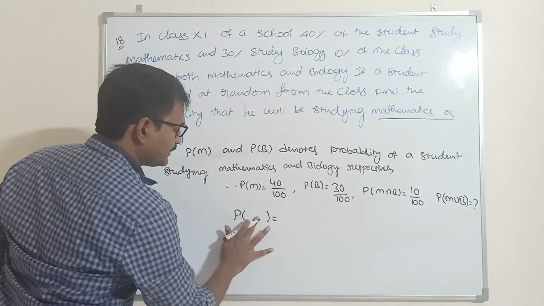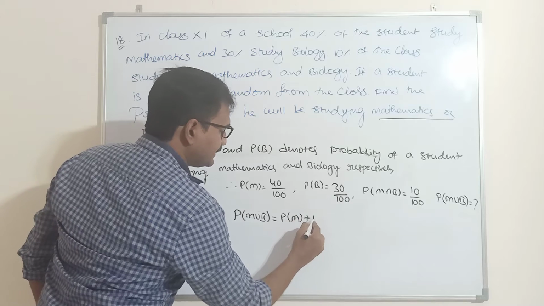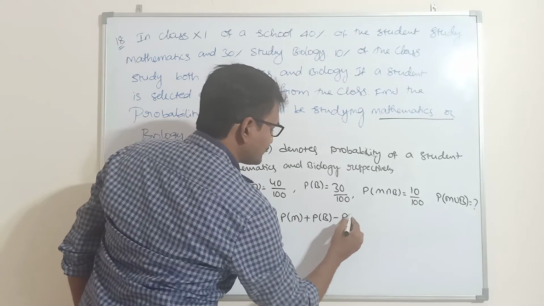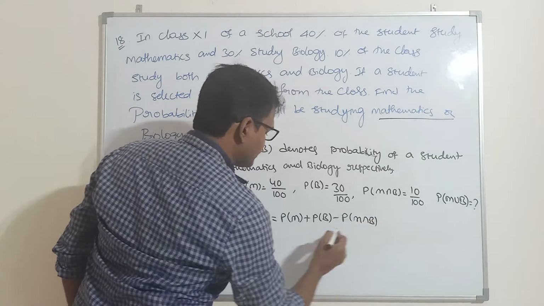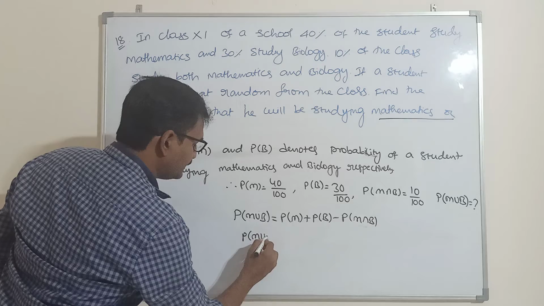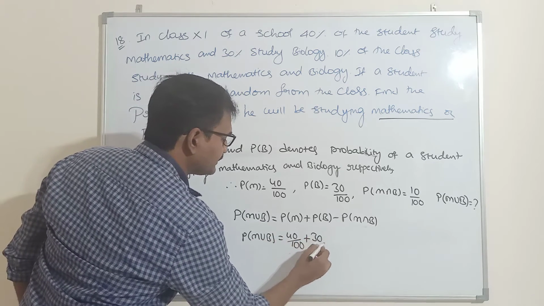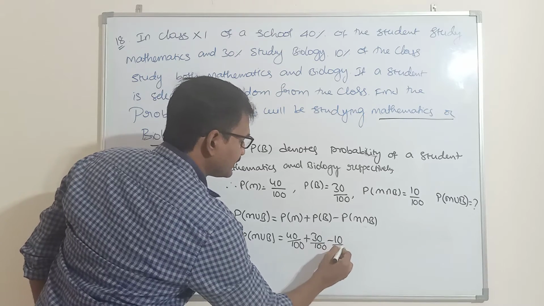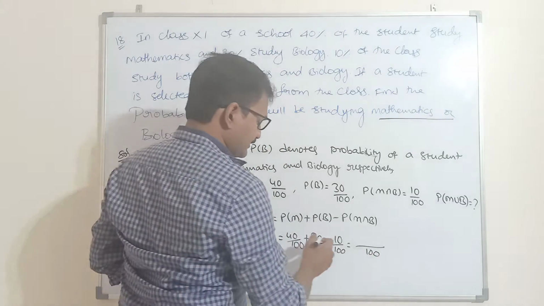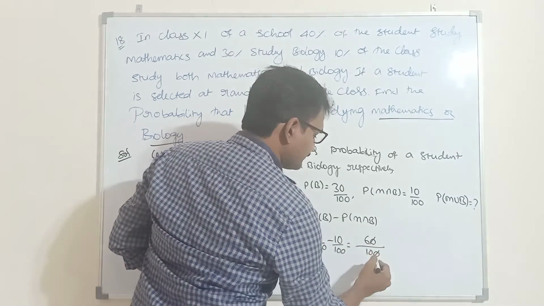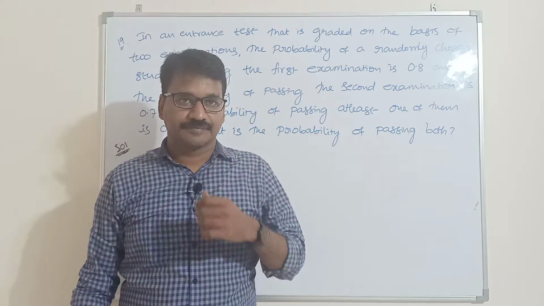P of M union B is P of M plus P of B minus P of M intersection B. So P of M union B is equal to 40 by 100 plus 30 by 100 minus 10 by 100. LCM is 100. 40 plus 30, 70. 70 minus 10, 60. So 60 by 100 is 3 by 5. So the answer is 3 by 5.